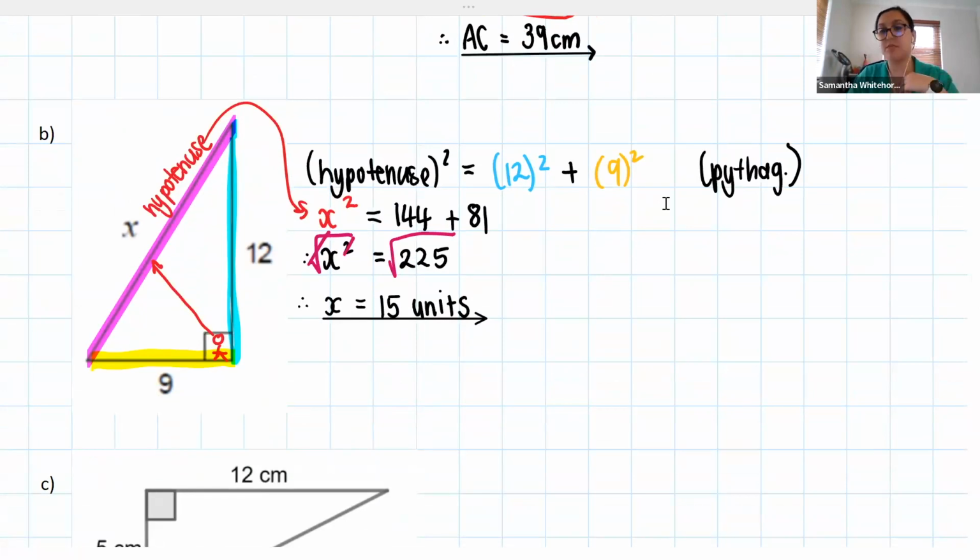Remember, there's a pop-up to unmute yourself. Okay, I'm moving on. Robbie? Hi, ma'am. I was asking, do we need to square everything, or will the question paper give us the hypotenuse that has been squared, like that one in the bracket?